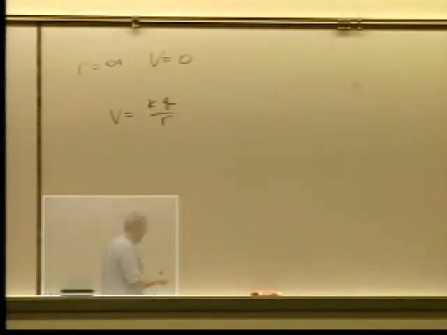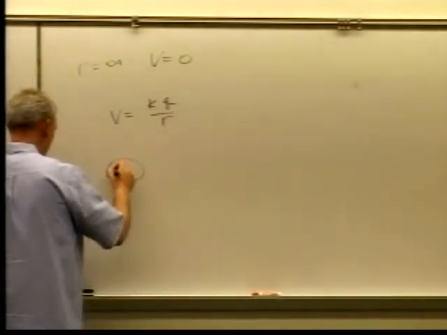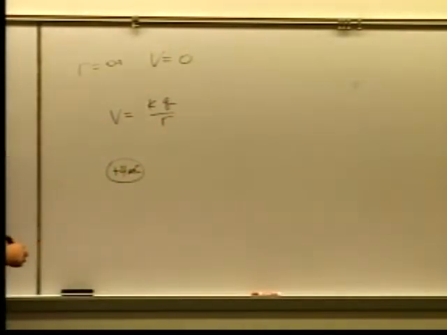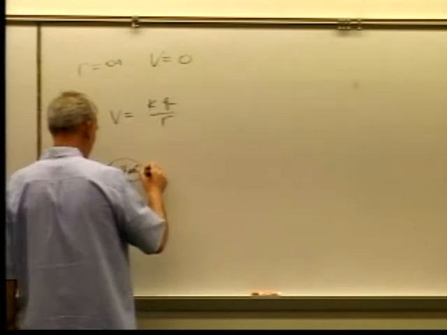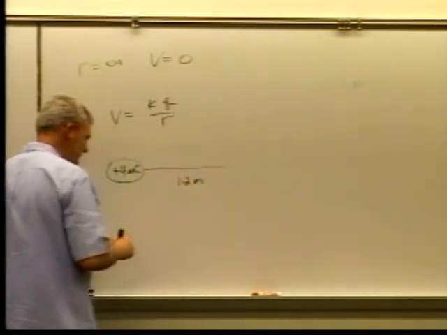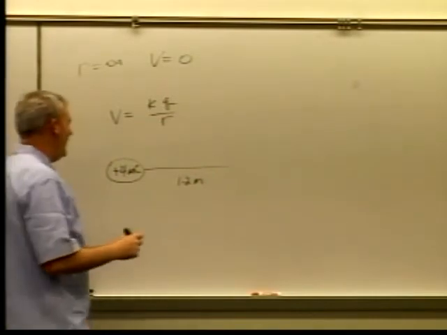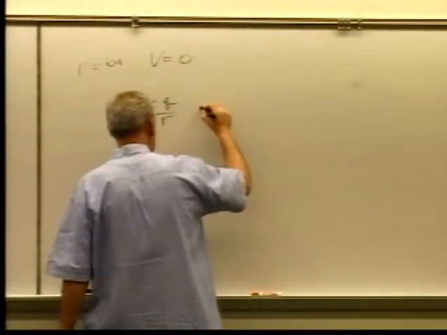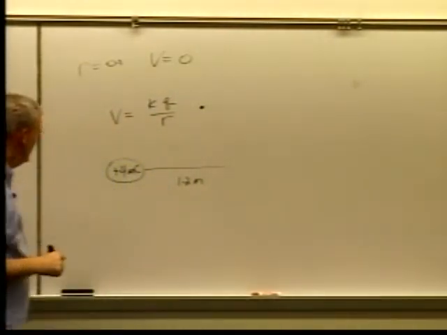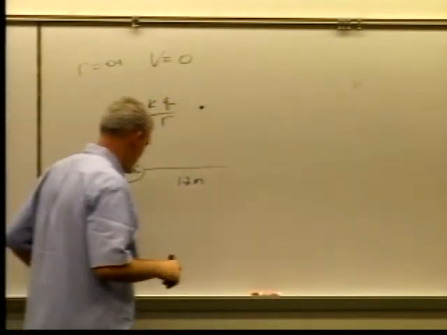So now, let's say I've got plus 4 microcoulombs right here. And let's take this distance at about 1.2 meters away. Let's do it this way.